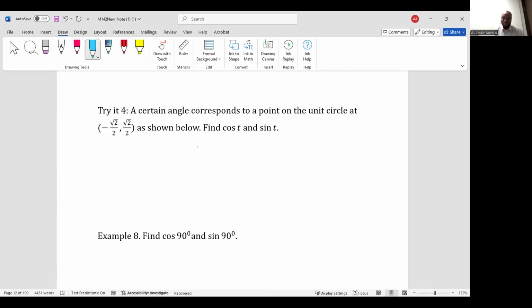Again, a certain angle corresponds to a point on the unit circle. This is a point on the unit circle. Again, this is x, this is y. Find cosine of t, find sine of t. So you should be able to know what cosine of t is and what sine of t is.